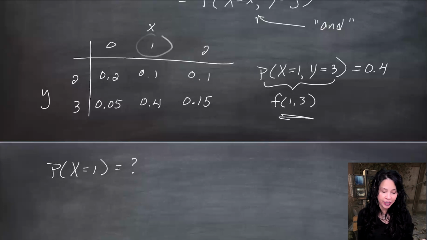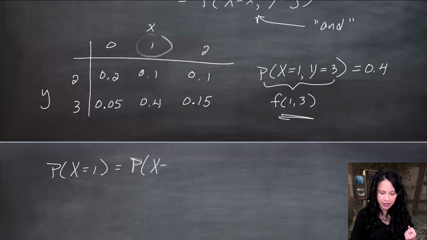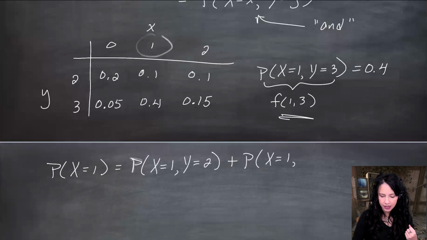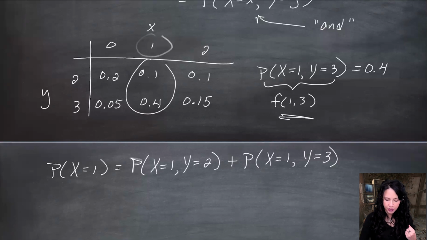And those are disjoint events where you get to add the two probabilities. So this is the probability that X = 1 and Y = 2, plus the probability that X = 1 and Y = 3. And you would add these two numbers and you get 0.5.